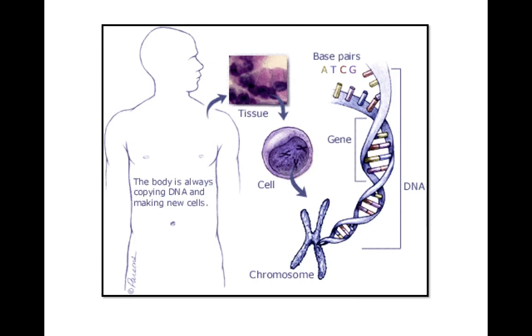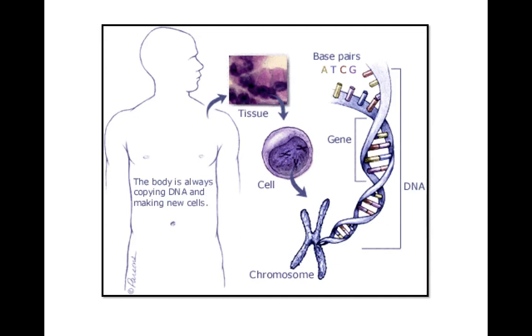Which brings us to our classic picture of DNA. I know you've all seen it, and I know you've all heard it, the double helix, right? Let's take a look here on the right-hand side, and you see this double helix picture of DNA. If you go backwards, if you start at that X shape, that is a chromosome.